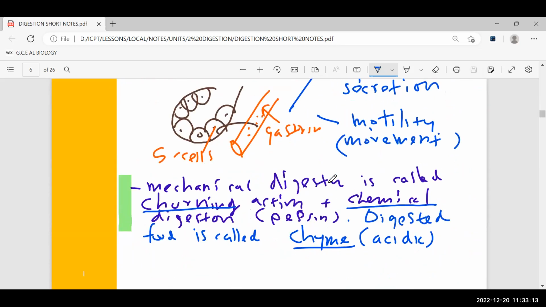After that, in summary, mechanical and chemical digestion both happen, and partly digested food is called chyme, which is acidic. Then the chyme is moving to the next level, small intestine.